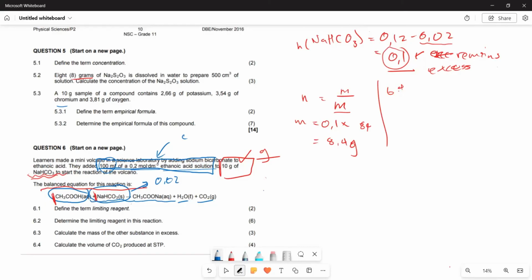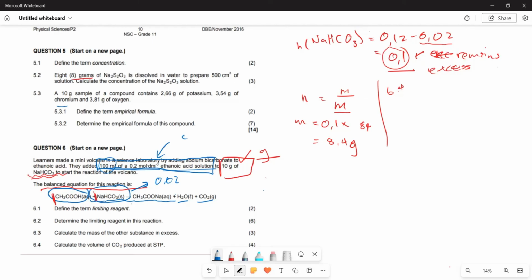Since this is the one that is used up first, the reaction did not continue after the 0.02 mole was used. So it is important that we take the 0.02 and contrast it with every mole that we are looking for.